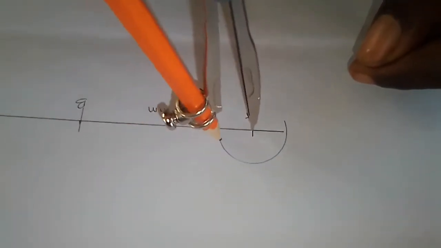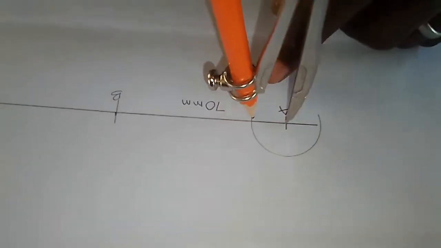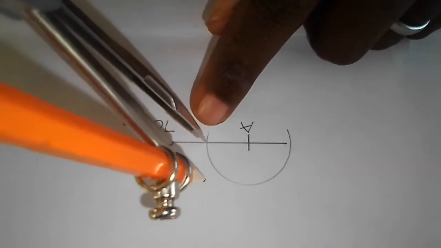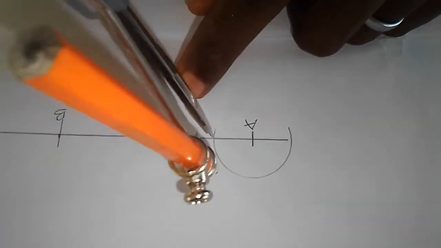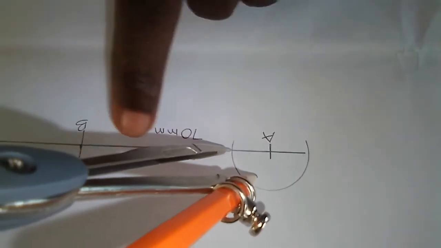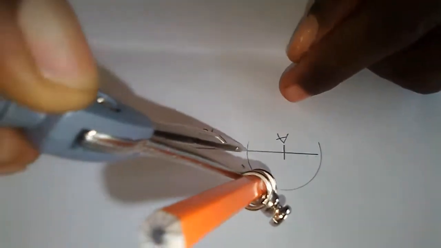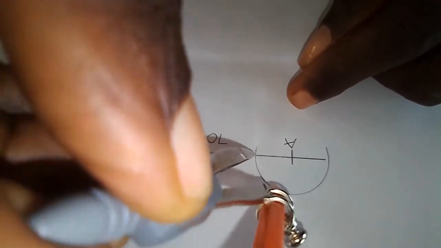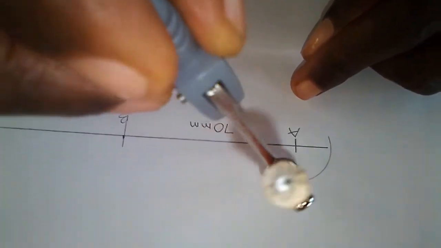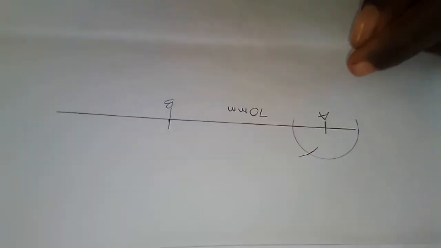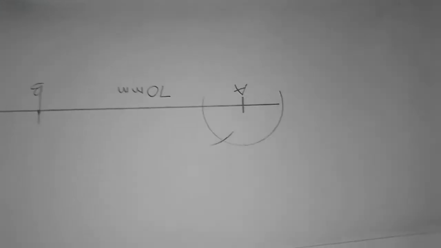With the same radius that I used to draw this arc, I place my compass at the intersection of the arc and the line, because the angle should be inside, not outside. It is an internal angle. So I cut the previous semicircle with another arc. This point indicates my 60 degrees.